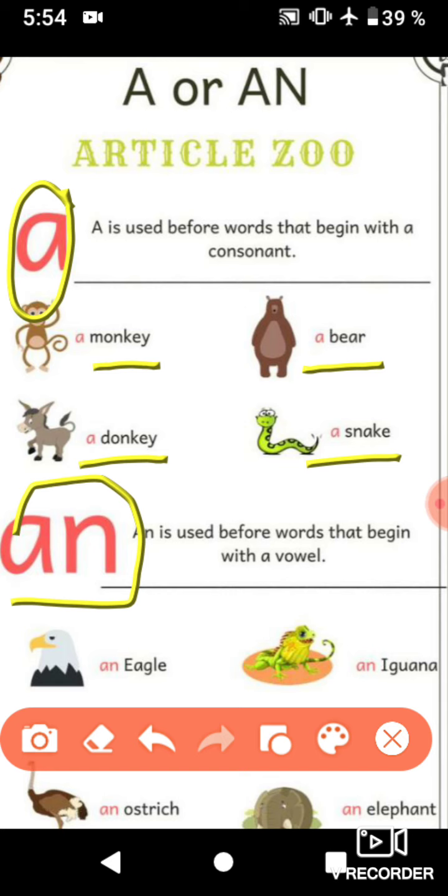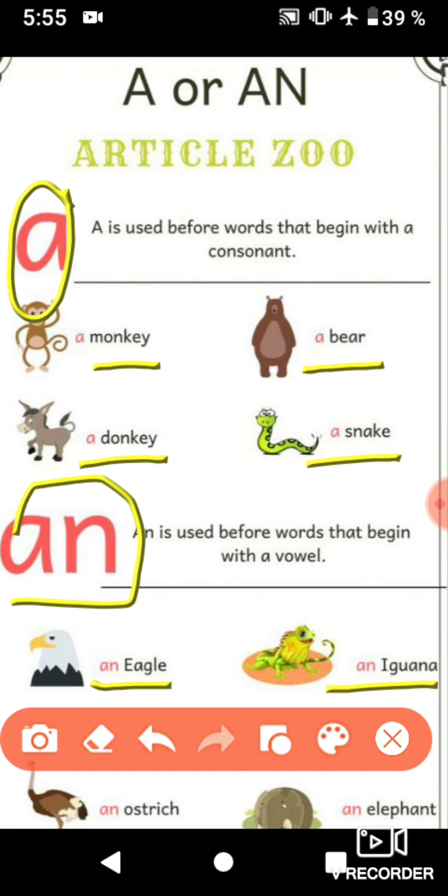In this case, we have the first one, and we are saying eagle. What is the first sound of the word? We are saying an eagle, and it is a good idea to use it like this. The second one, we are talking about an iguana.